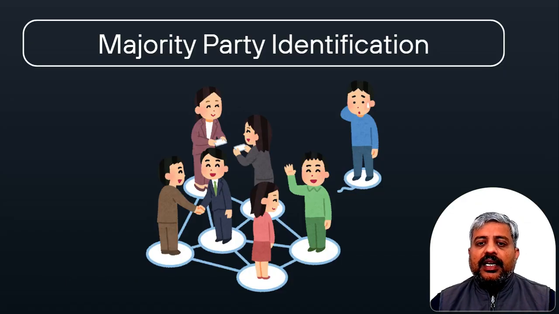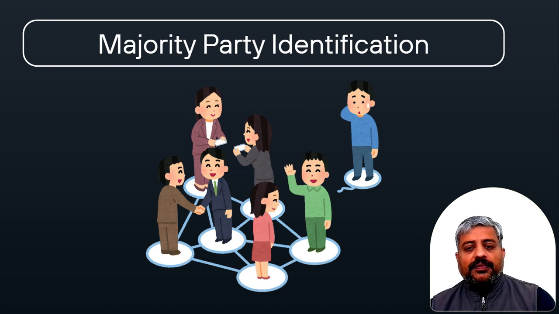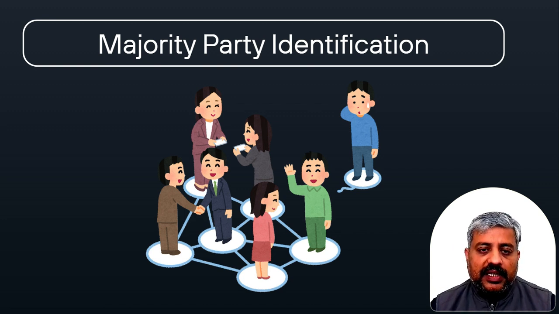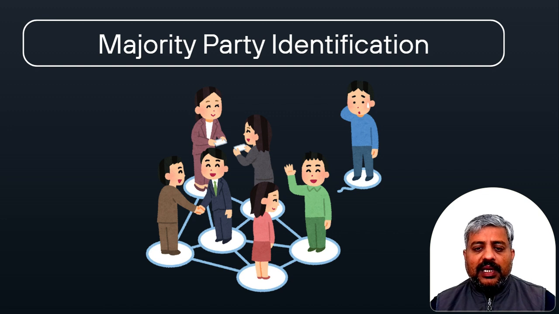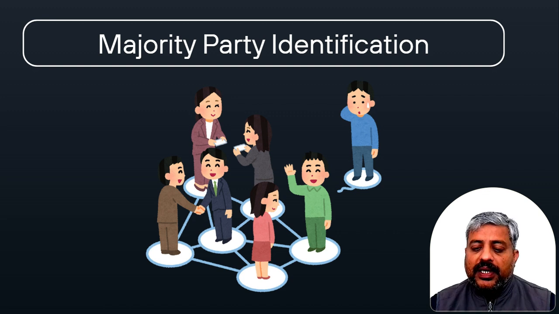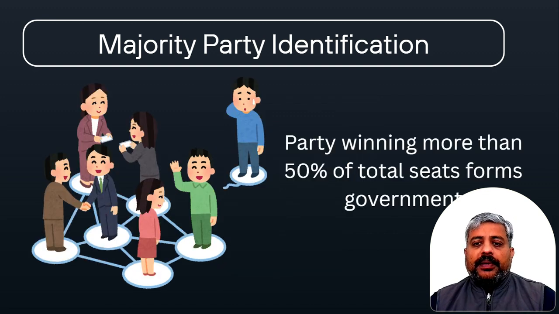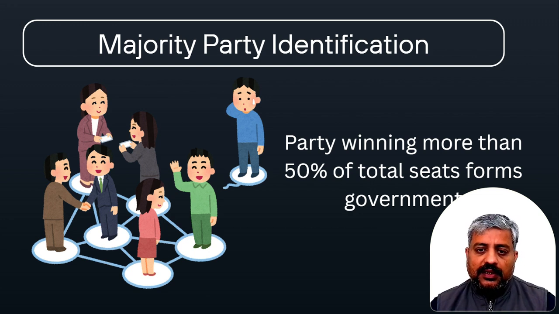So, majority party identification. Now we have talked about the election commission of India and the political parties. Majority means the one who gets the maximum votes is called the majority party. Now, the party that wins more than 50% of the total seats forms the government.